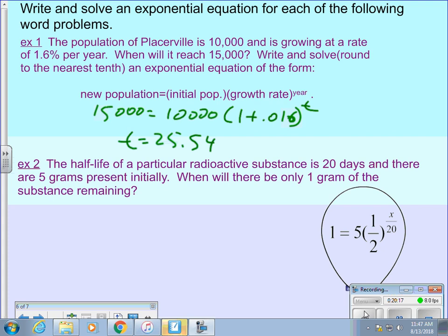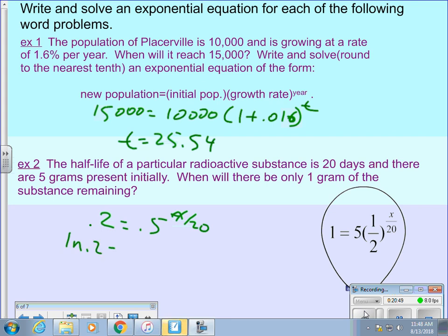Okay, the other one, there's the half-life equation. Just got to solve for x. First step, divide both sides by 5. Here's exactly what I would do. 1/5 is 0.2, right? 0.2 equals 0.5 to the x over 20. Take the log of both sides.